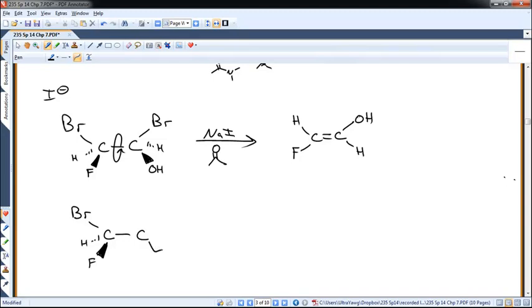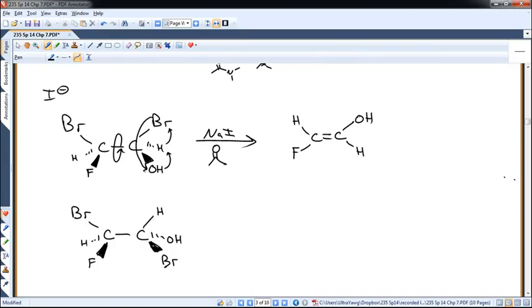So that means the wedge dash-ness remains the same all the time, and I'm just going to change what goes where. So if bromine goes here, then OH is going to go there, right? And then hydrogen is going to go there. Okay. So this is not sawhorse yet, right?